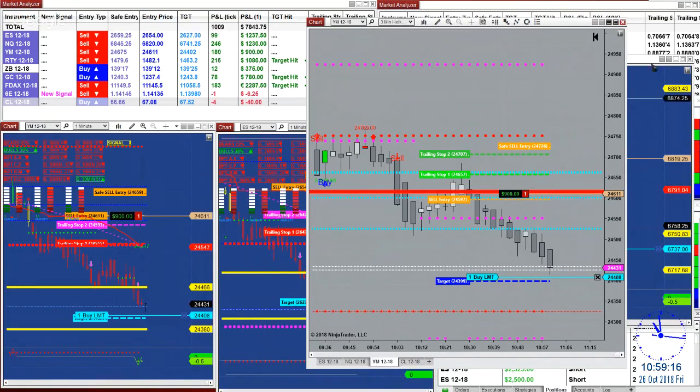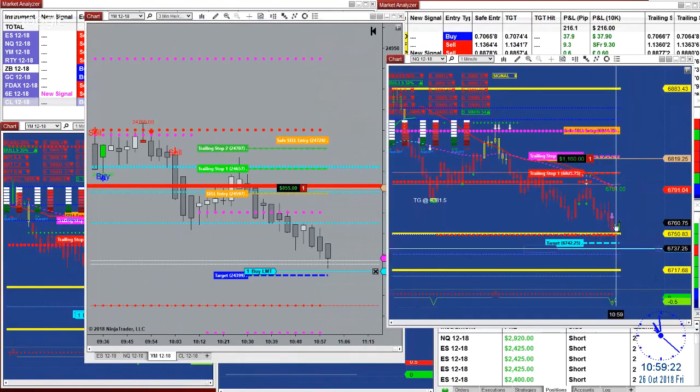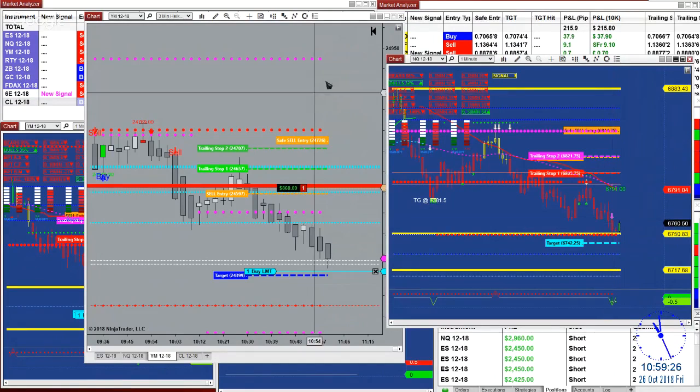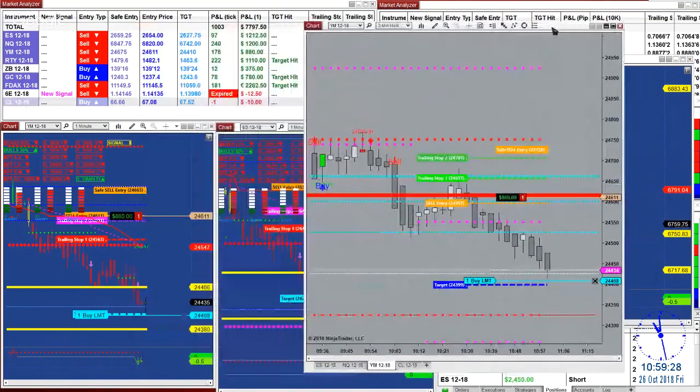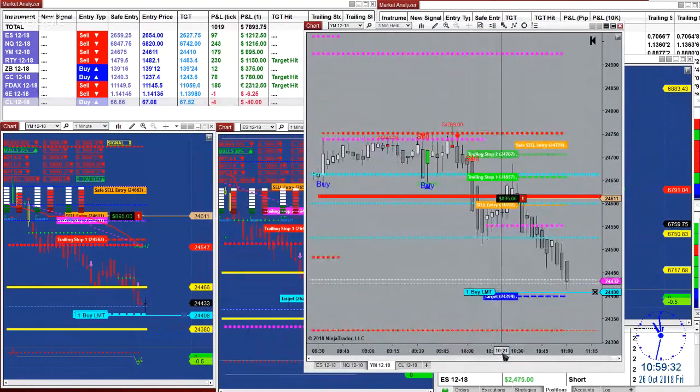Let's look at the Nasdaq. We still have one trade on the Nasdaq. Close it. Over 2000 on the Nasdaq. We still have one more on the YM. We want to nail this one.